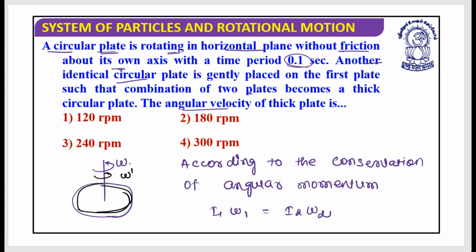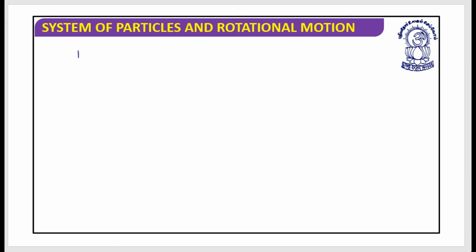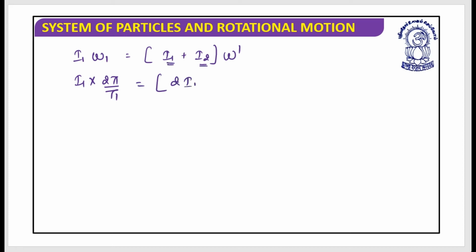Now the time period of the first plate has been given, and I want the angular velocity omega of the thick plate, of the combined system. So I1 omega 1 equals I1 plus I2 into omega dash. This is I1 multiplied by 2 pi by T1, equals, since it is an identical plate, 2I dash into omega dash.